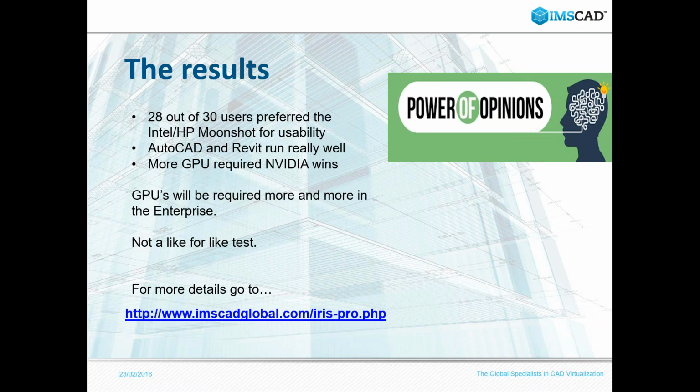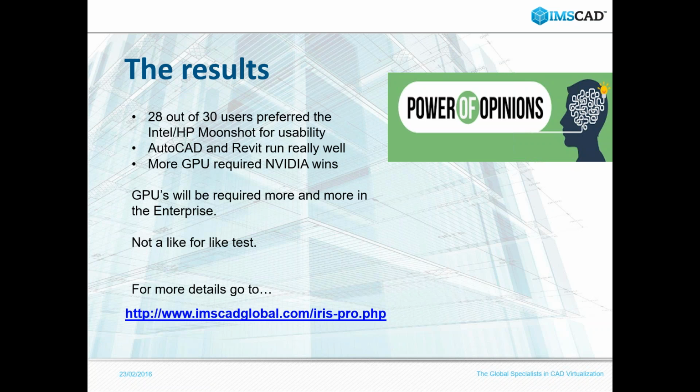Even customers that had the more GPU based apps still preferred the solution because of the usability of it. They may not be able to spin the model around in 3D and all that good stuff that they normally do, but for using the mouse, clicking and doing the basic actions they would do day in, day out, they thought the usability was higher on the Intel.